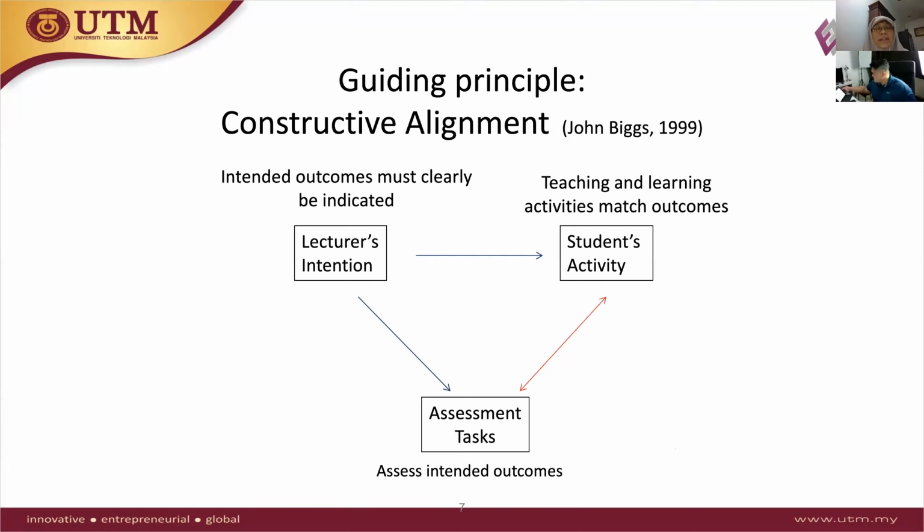Basically, constructive alignment means that whatever outcomes or intentions we have for the students to achieve are very, very important, because whatever we want to design in our classes starts with our intended outcomes. From the intended outcomes, we have to activate the verb in our teaching and learning activities.